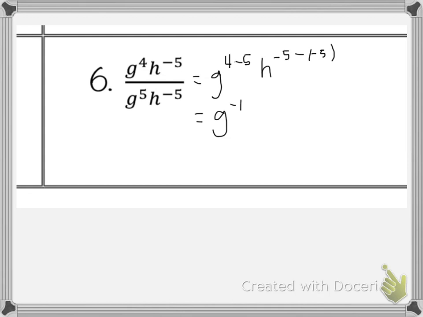And what happens right here? Minus a negative becomes a plus. And remember, this will be h to the 0 power. H to the 0, so anything, remember, raised to the 0 power becomes a 1.